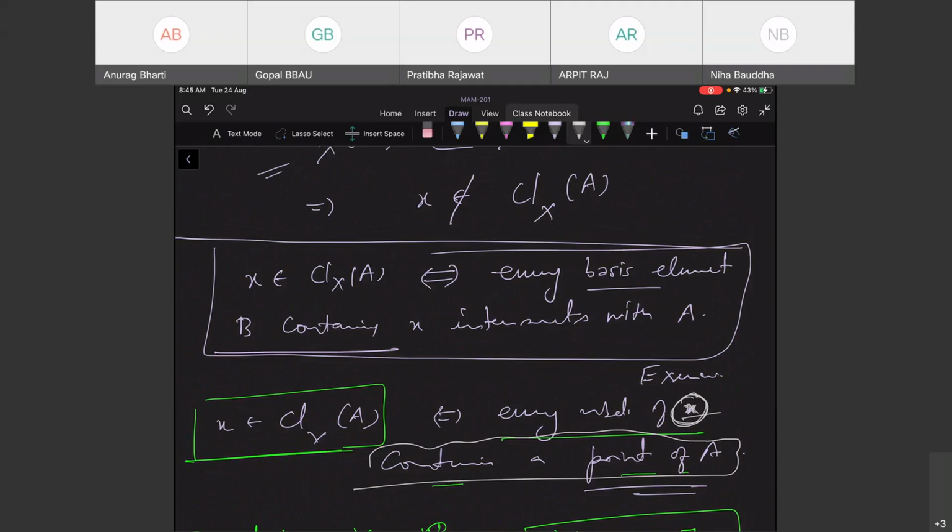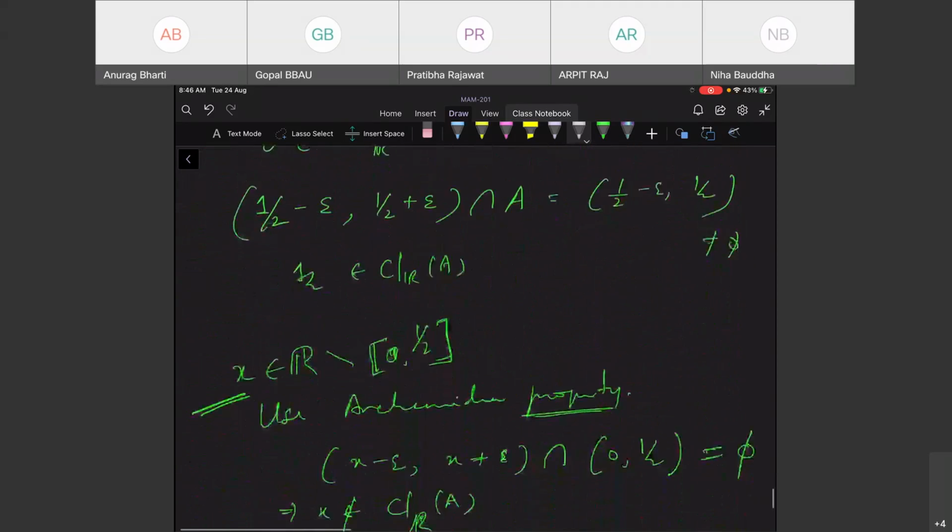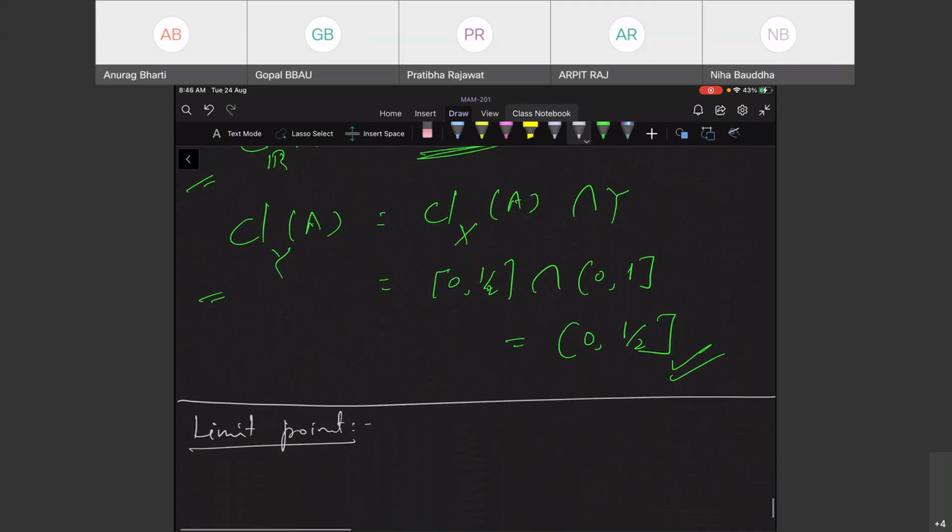If we do not take x in the intersection, and every neighborhood still intersects A, we are getting other points in the intersection other than x. In this case we say those points are limit points. Let me write this. We have a topological space.